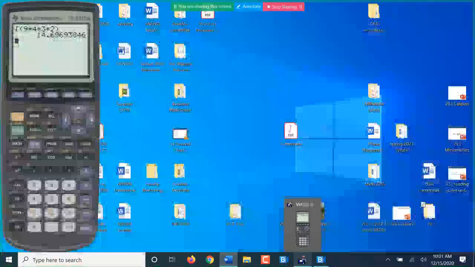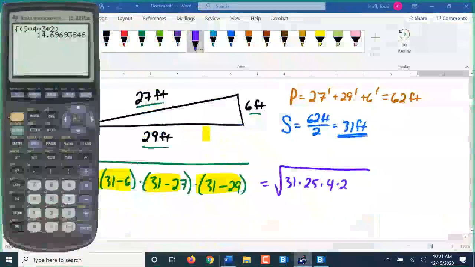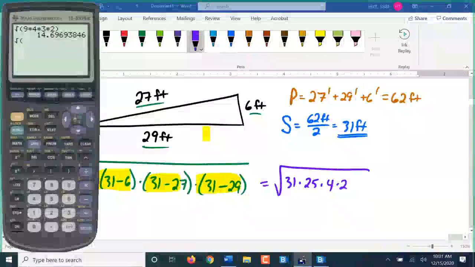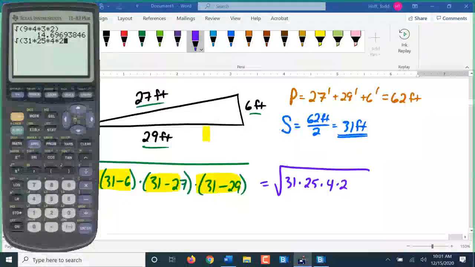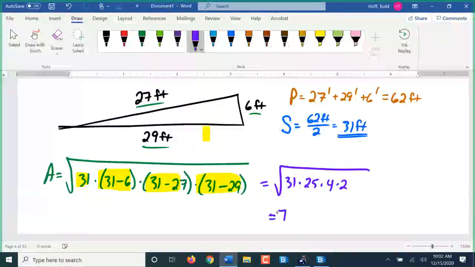So again, I'm going to punch that in my calculator just like that. The square root of 31 times 25 times 4 times 2. Close my parentheses so it multiplies them first. 78.74. Those units are in feet, so this will be square feet. That is the area of that triangle.